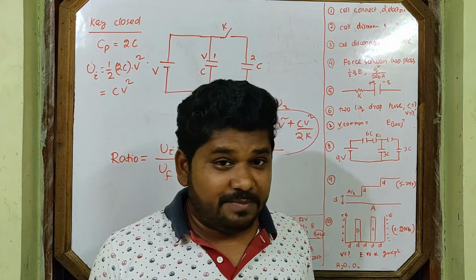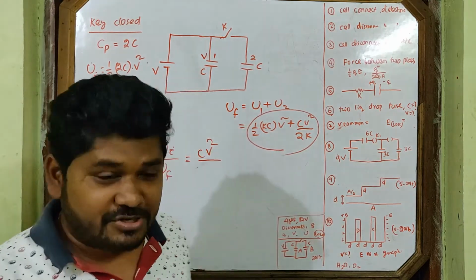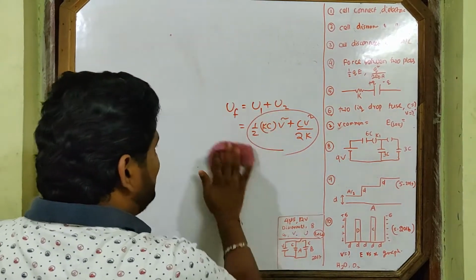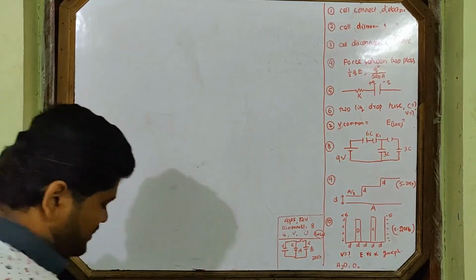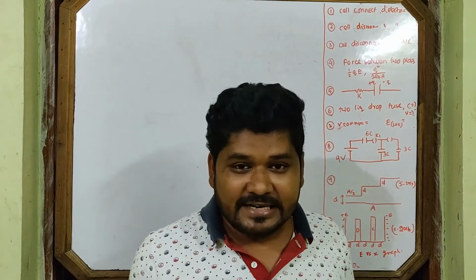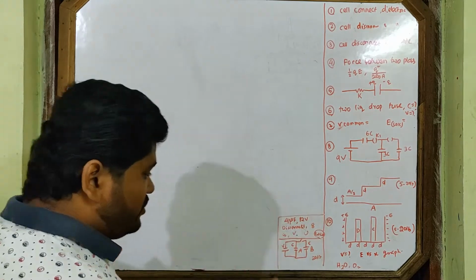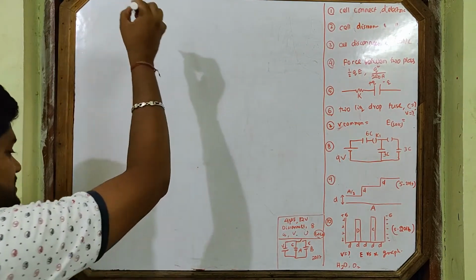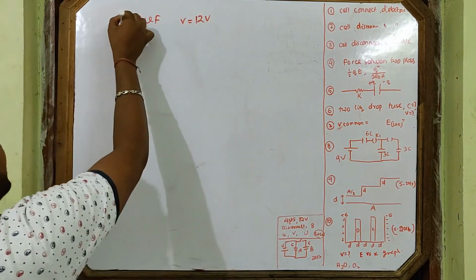Now we will not complete the video without discussing the question from the 2020 board examination. In the 2020 board examination also, one question came from this concept. It is a little easy, not that difficult, but the question came from the same concept. A short question came: 4 microfarad capacitance, 12 volt potential difference.